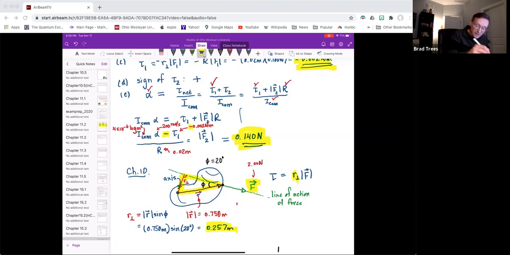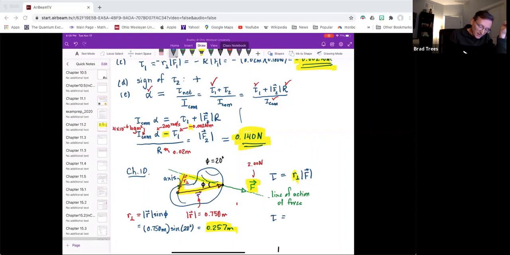Now let's go back up and finish this off by getting the torque from that force. By the way, I'm not quite done with the torque formula. There's another important part. Direction. In this kind of a picture, the force is going to cause either clockwise rotation or counterclockwise rotation. Those are the only possibilities. You have to be able to look at this picture and tell which it is.